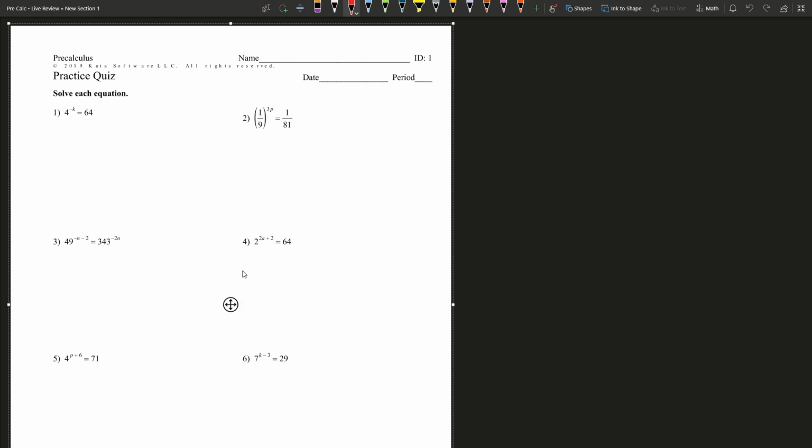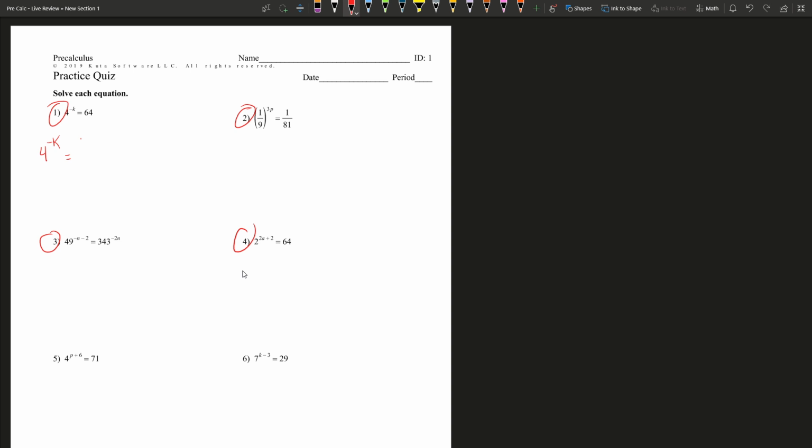All right. So on each of these, we need to find a common base. A common base between 4 and 64 is just 4. So we're going to keep the left-hand side the same and then rewrite 64 as a base of 4.